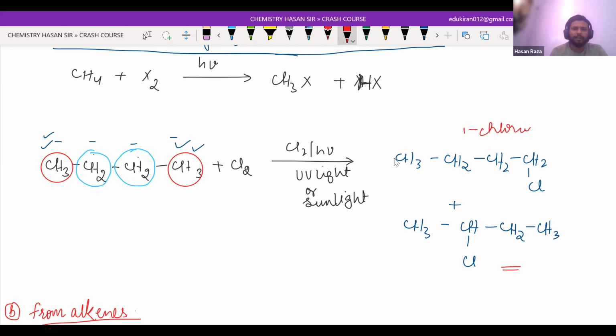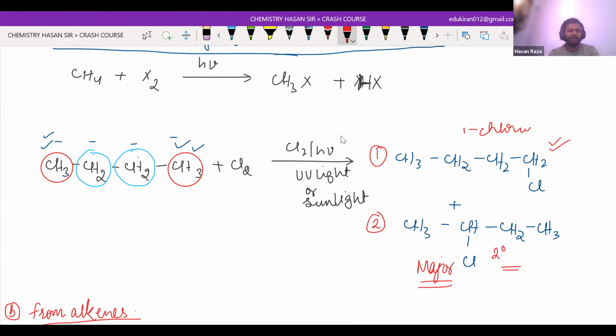Can anyone tell me which one is more stable, first or second? What do you think? The second one is more stable because it is secondary. You can see this will be the major product and this will be the minor.